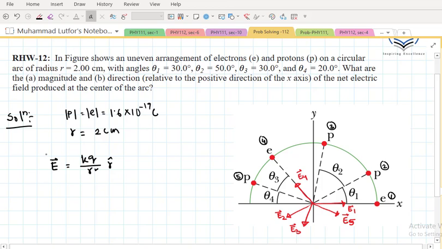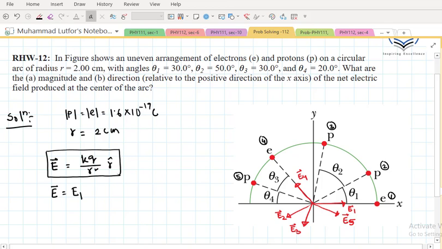We will use that formula to find the electric field at the center of this semicircle for each of these charges.